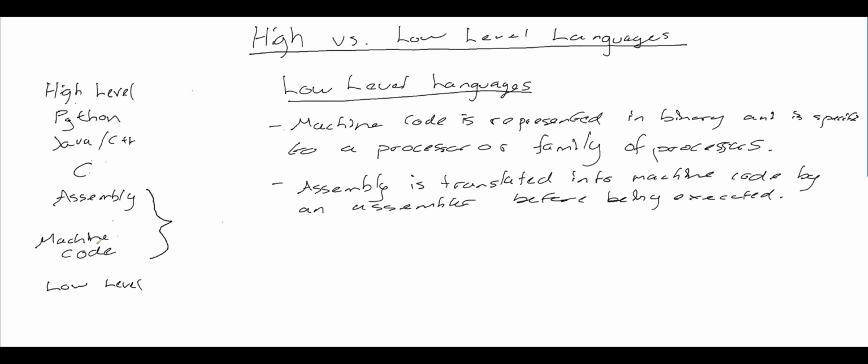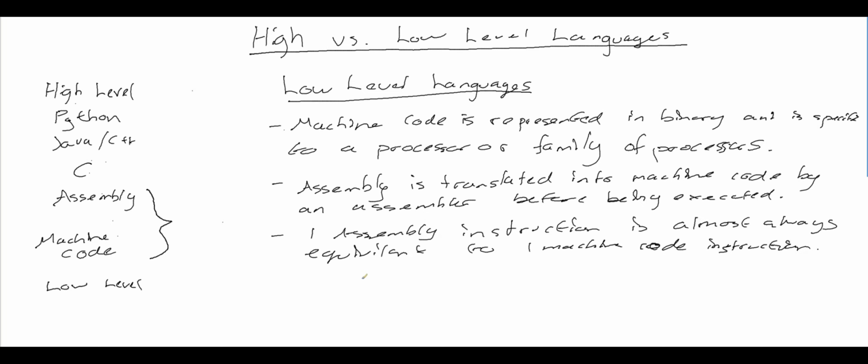That comes back to the point I made earlier, that every language apart from machine code needs to be translated into machine code before it can be executed by the CPU. And as I also mentioned earlier, assembly language has a one-to-one correspondence with machine code. That means that one assembly instruction is almost always equivalent to one machine code instruction.